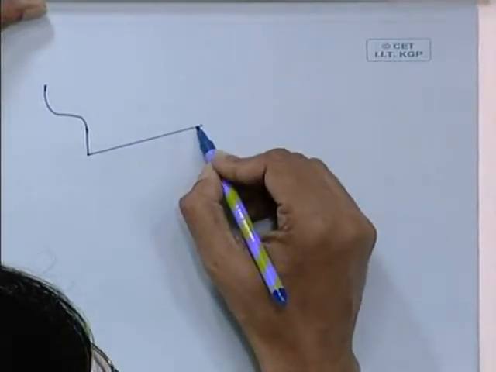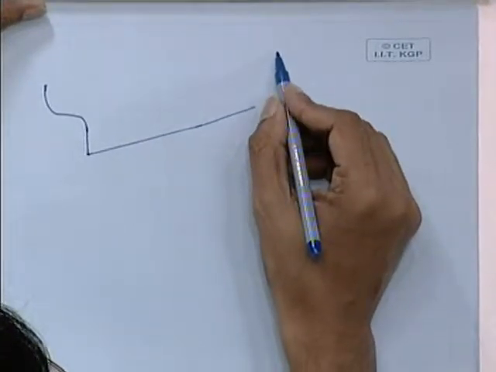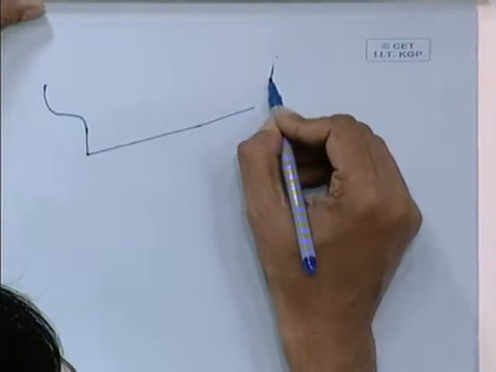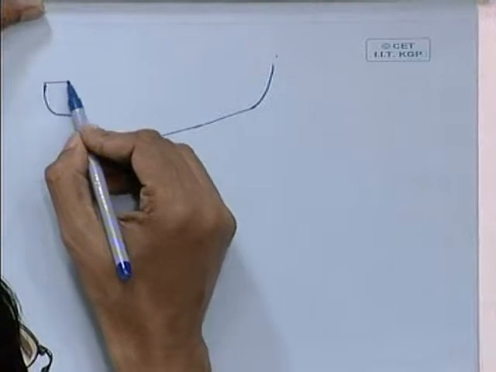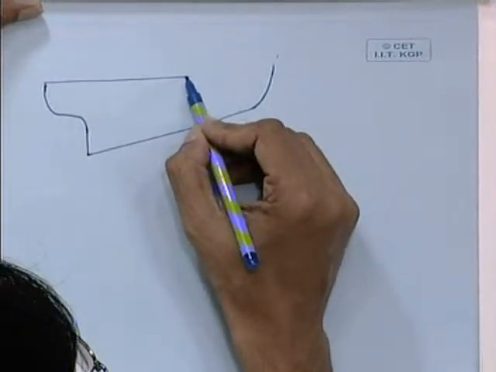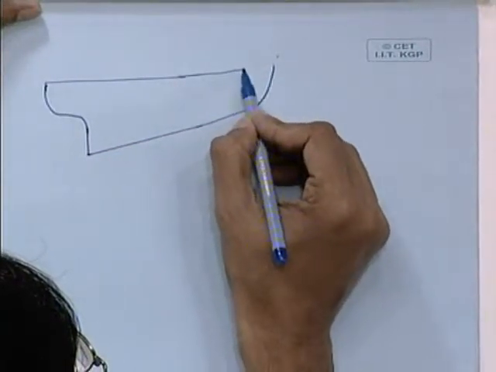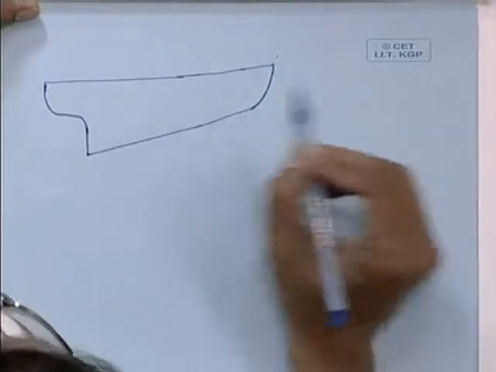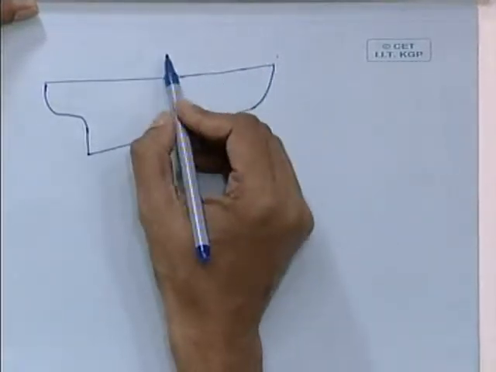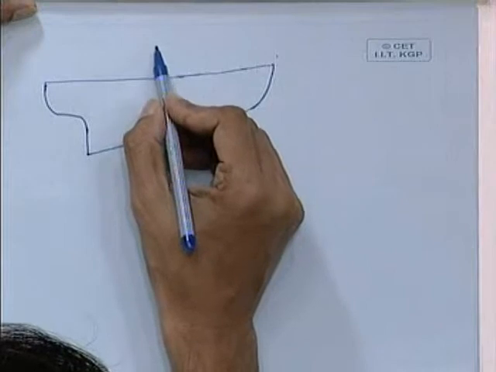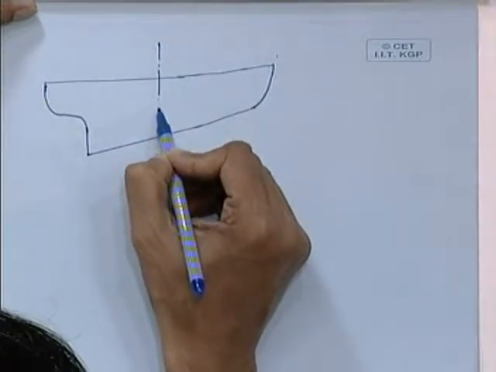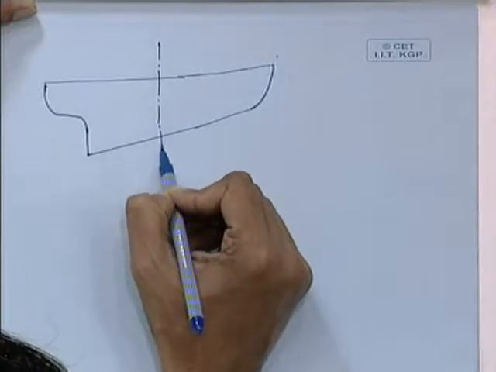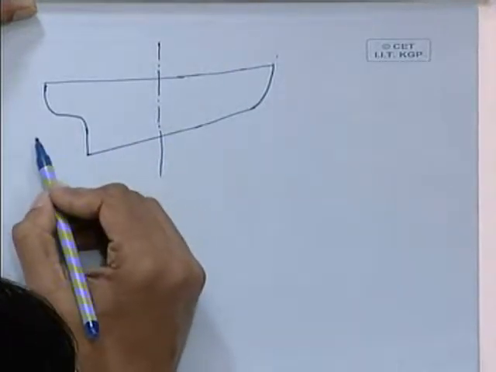Sorry, this is an enlarged view. A trawler will, for all practical purposes, all these small trawlers, have a keel which is inclined to the baseline, and the amount of inclination is called rake of keel.